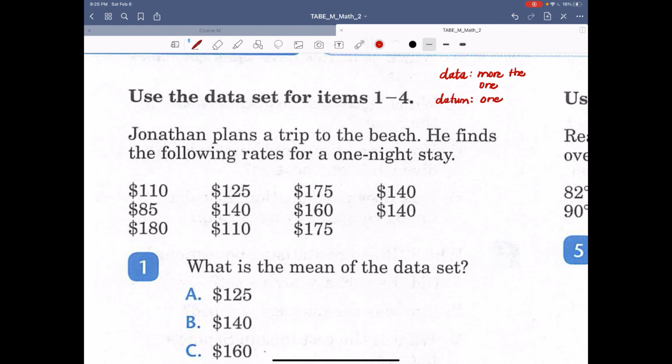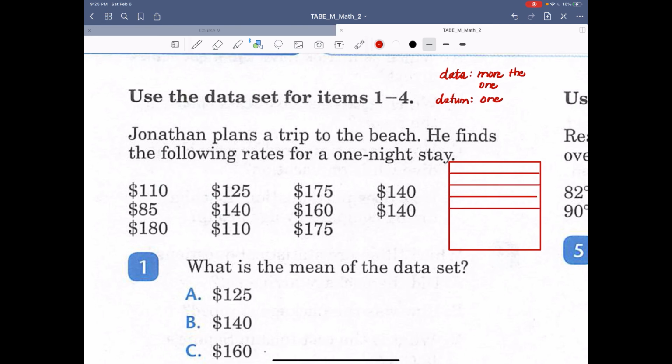One of the things that I've done, speaking of college, for many years is to do a frequency table of my data. You don't have to do this, but I like to do this. It helps me to see a lot of things. So I'm just going to sketch myself a table. Tables are very useful study tools. They help your brain to organize.